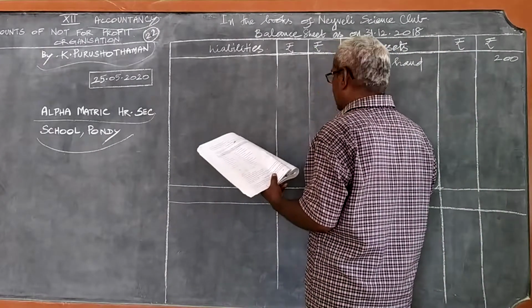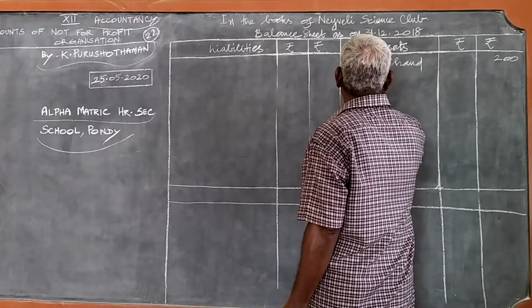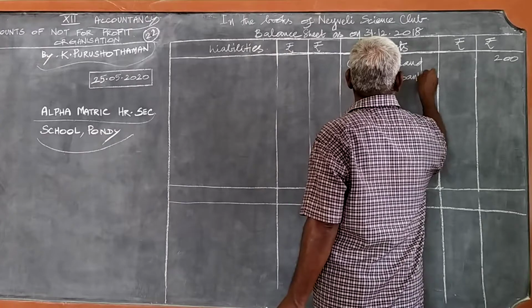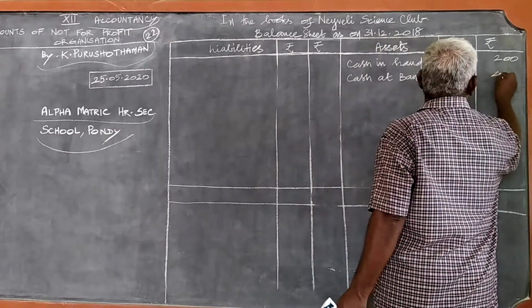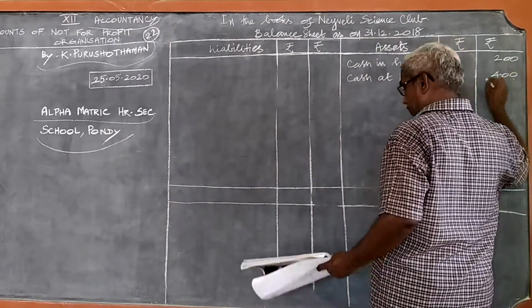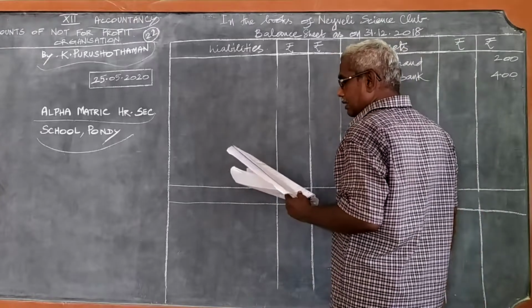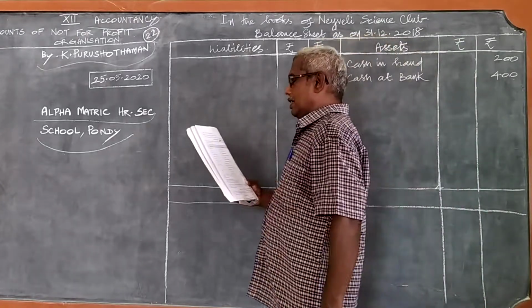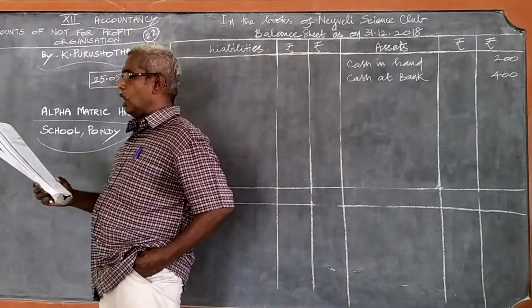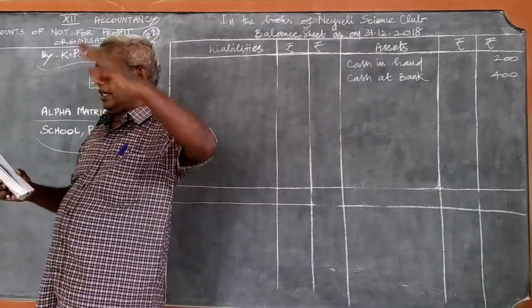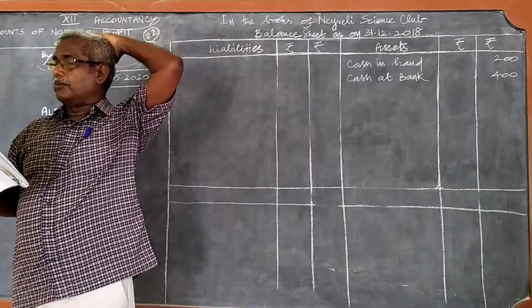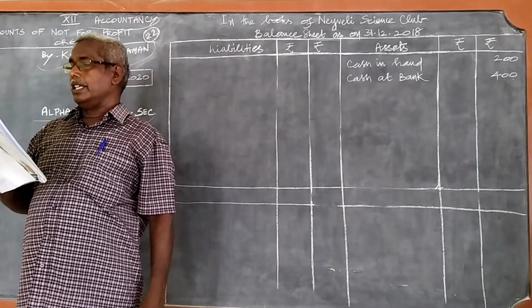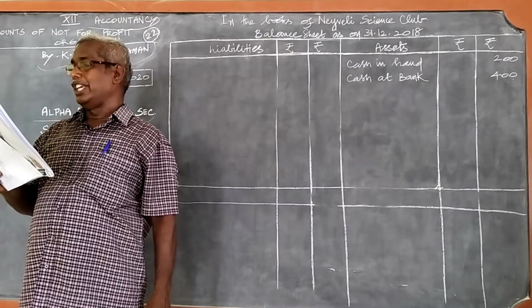Cash at bank 400. Then any other asset. If you start from the top on the payment side, it is science equipment.